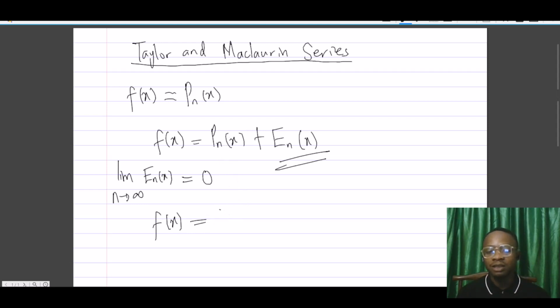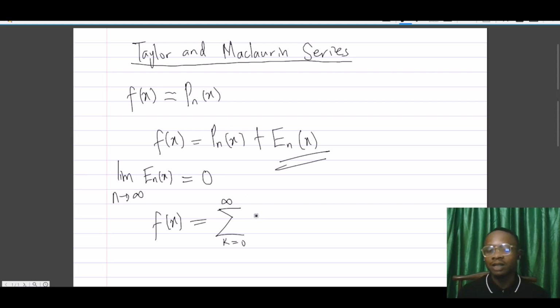That is, we should consider taking the summation from k equal to 0, and instead of stopping at n, let us take it to infinity. Let us write out all the possible terms, because as n becomes very large, this error is going to be 0. That is theory, not practical.